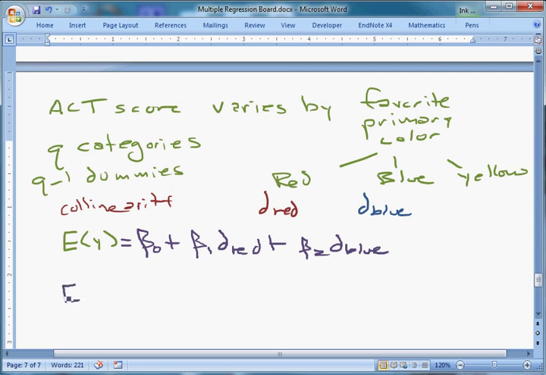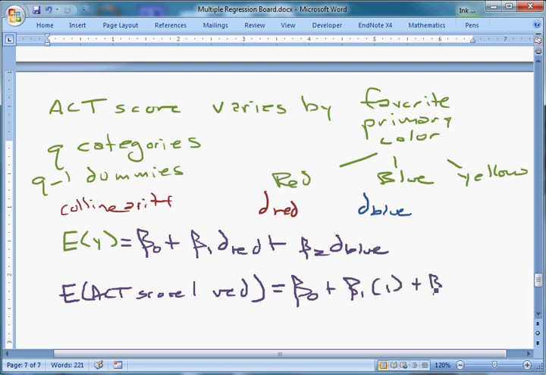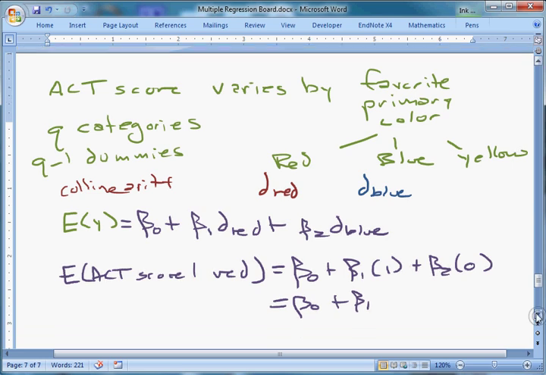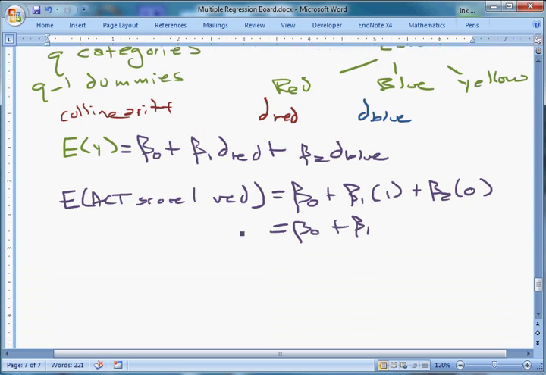What this means is that our expected ACT score, given that red is our favorite color, is going to be beta 0 plus beta 1 times 1 plus beta 2 times 0. That's equal to beta 0 plus beta 1. Easy enough, right?